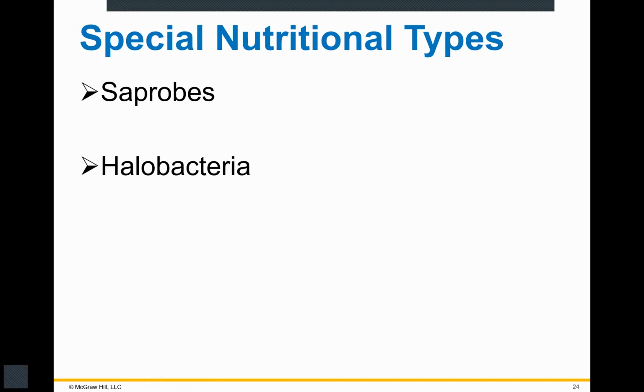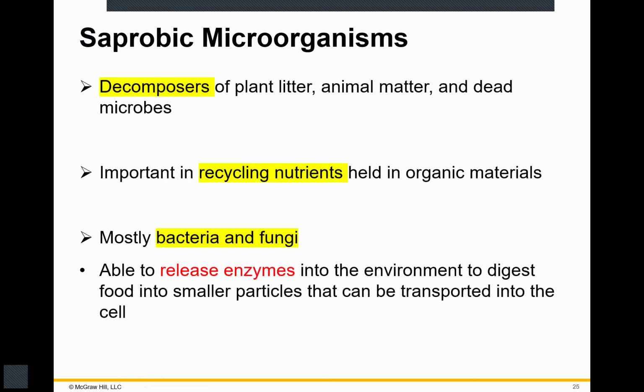So these are halophiles, and they can survive and thrive in salty environments, such as in the sea. So saprobes are decomposers, and they are very essential for recycling nutrients. So as they perform their decomposition activity, they help recycle nutrients back into the ecosystem. Mostly bacteria and fungi are saprobes.